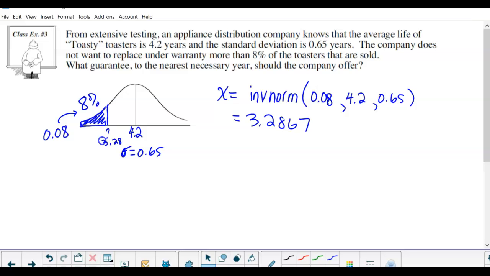So rounding this down makes sense. They're not going to give you warranty at 3.2 years. They're going to say 3 years, sometimes a half year, but usually it's probably a year. You're not going to go to 4 years, because then you're going to have to replace a lot more toasters.